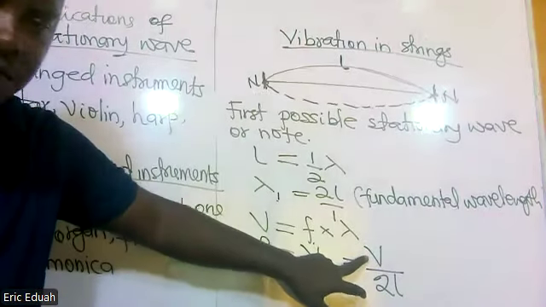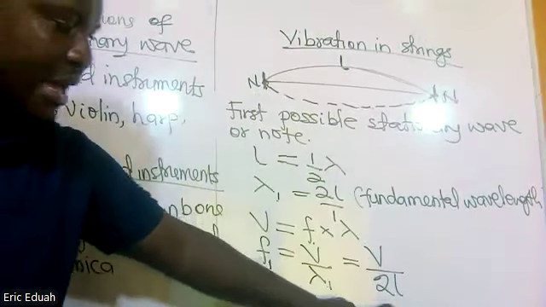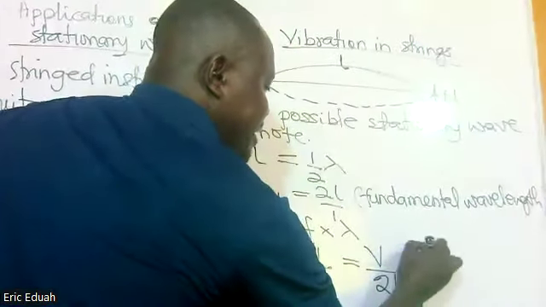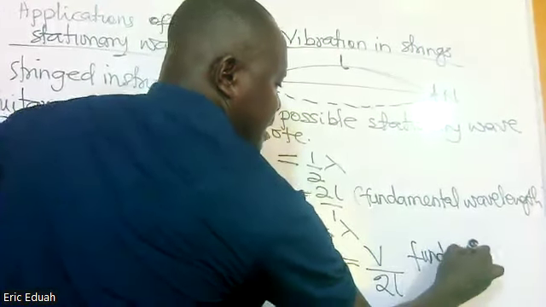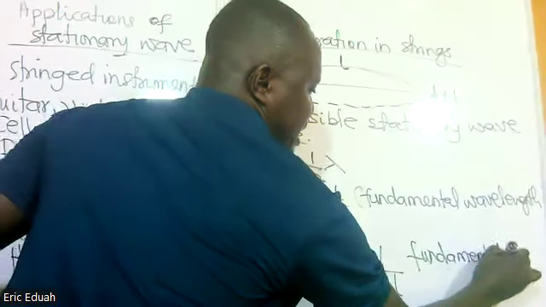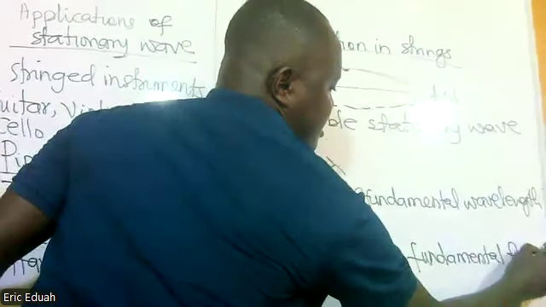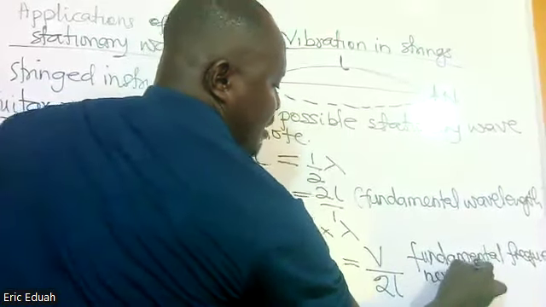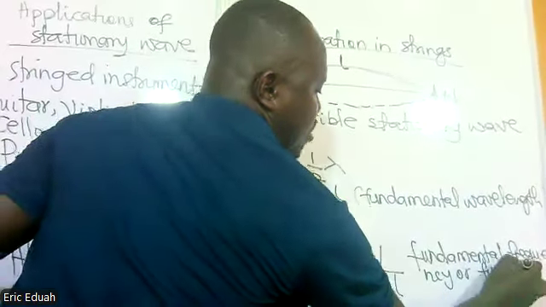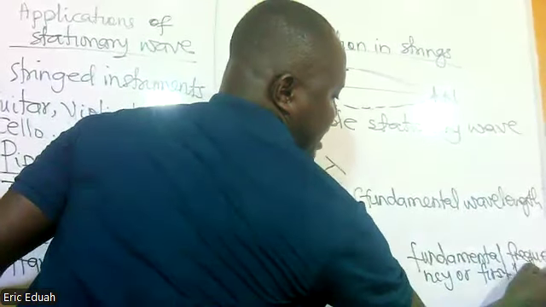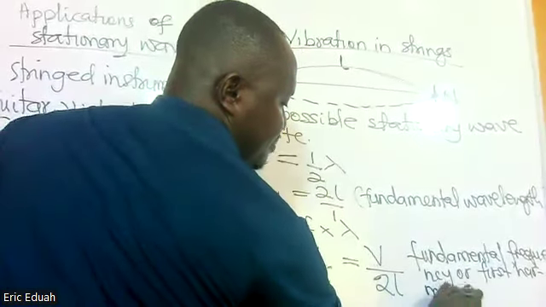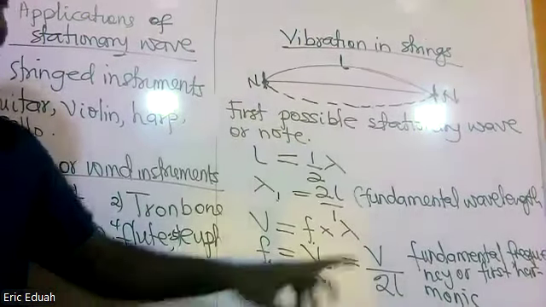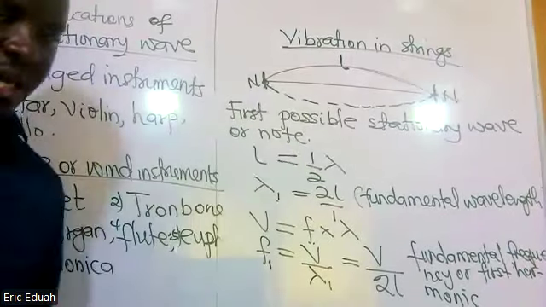V is the velocity of sound in air. L is the length of the string. F1 is termed as the fundamental frequency or the first harmonic.